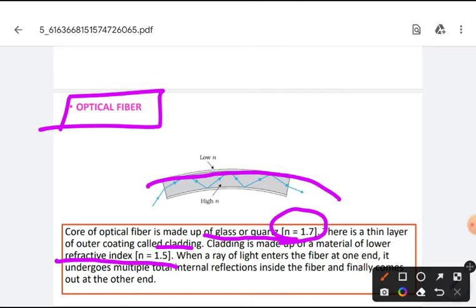There is a thin outer covering called a cladding. The cladding is made up of a material of lower refractive index, n is equal to 1.5. When the ray of light enters the fiber at one end, it undergoes multiple total internal reflection.